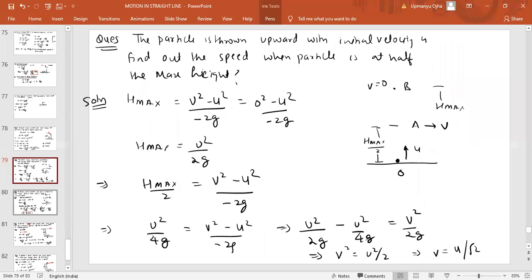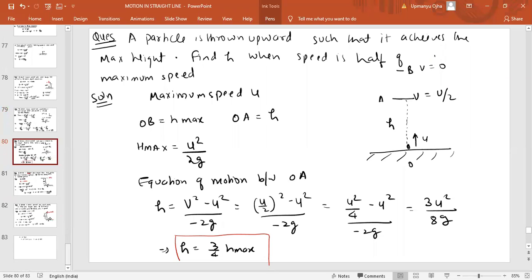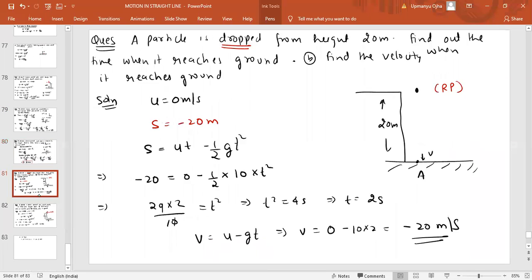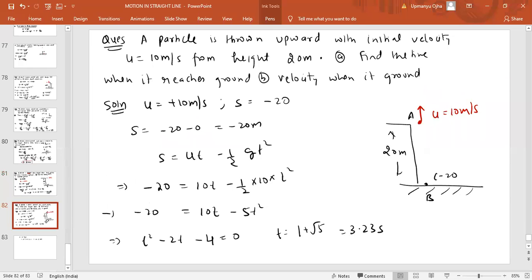Yes, the magnitude of the final velocity is speed. So if the final velocity is minus 22.3, you just need to take the magnitude, remove the minus, and you will get 22.3. Always, the speed would be the magnitude of the velocity.